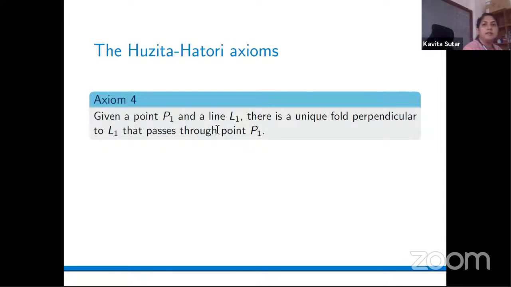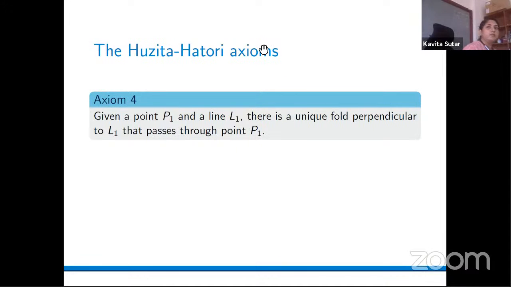Then there is a unique fold perpendicular to L1 that passes through the point P1. So I want to get a fold that passes through P1 and is perpendicular to this line. So how can I get that? Any guesses here? Would anybody like to guess? Okay, in the interest of time, let me just show you. I just need to construct a fold that places the line L1 over itself and passes through the point P1.